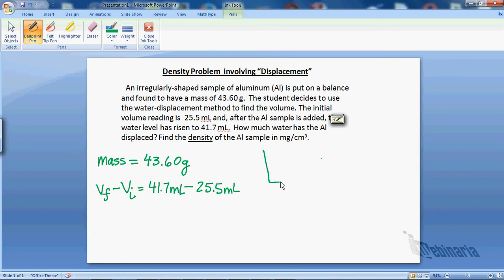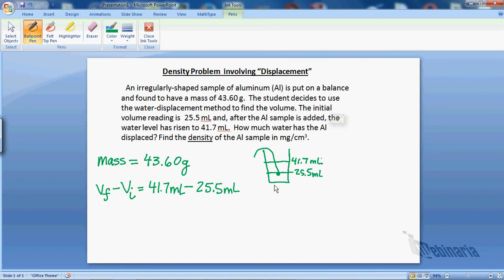And what that simply means is we started out with 25.5 milliliters here, and the object was drawn in, and the amount of water rose to this level, 41.7 milliliters.